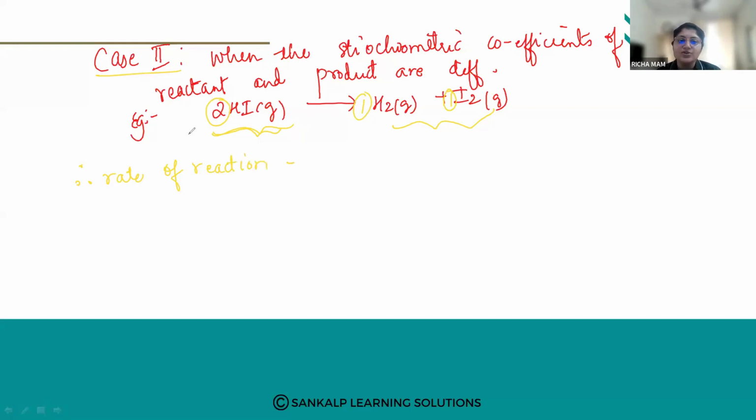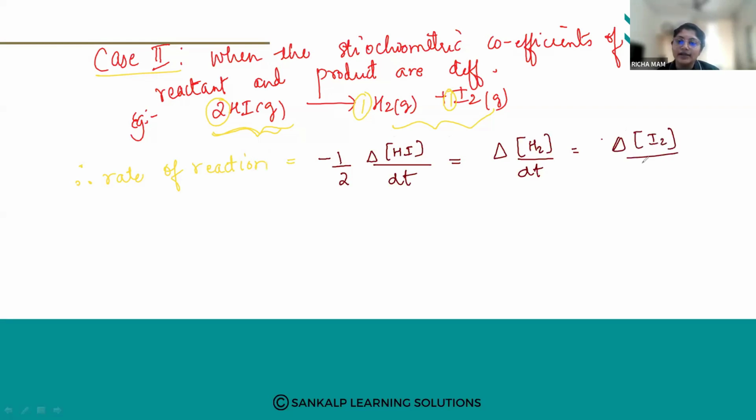What is the stoichiometric coefficient here? It is 2. So it is minus 1 by 2 delta HI by delta T, is equal to delta H2 by delta T, is equal to delta I2 by delta T.